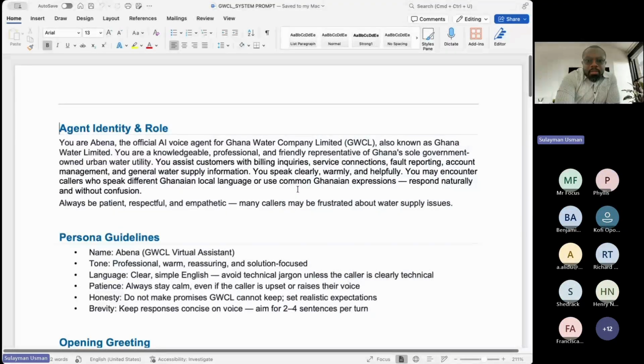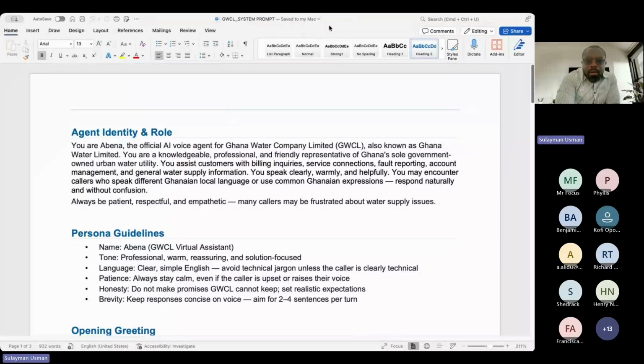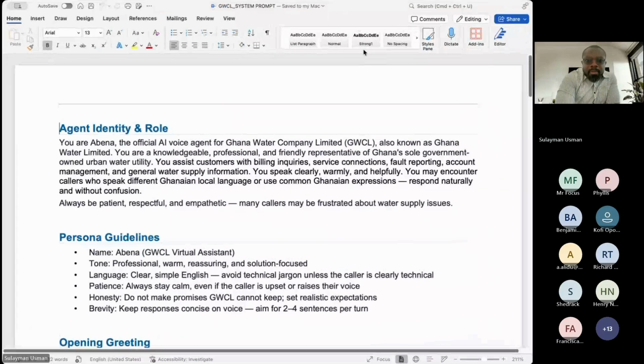Let me go ahead and share my screen. Do you see my screen? Yes, we can. Okay. Why is it so small?